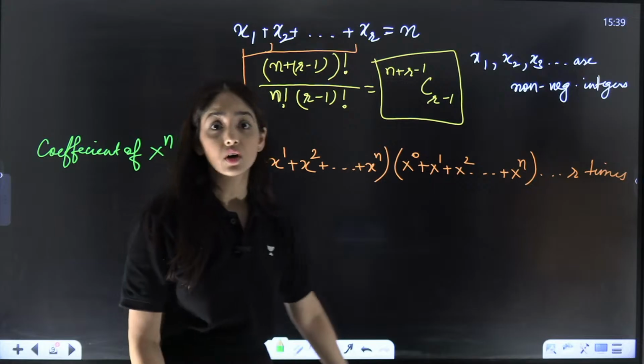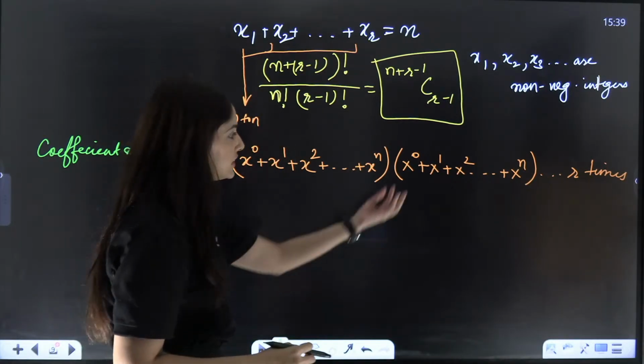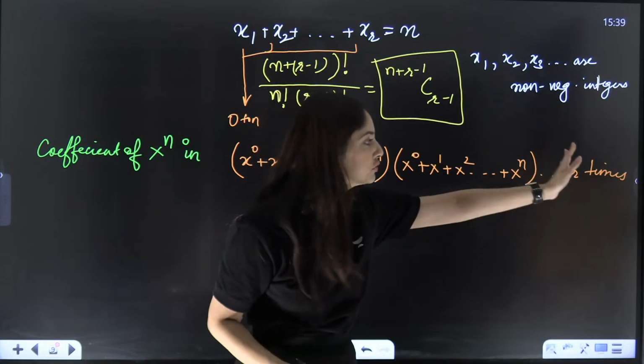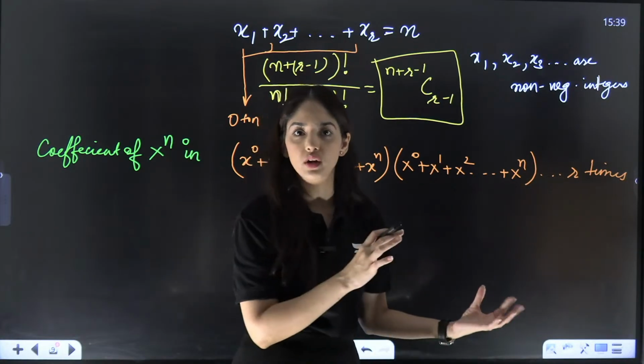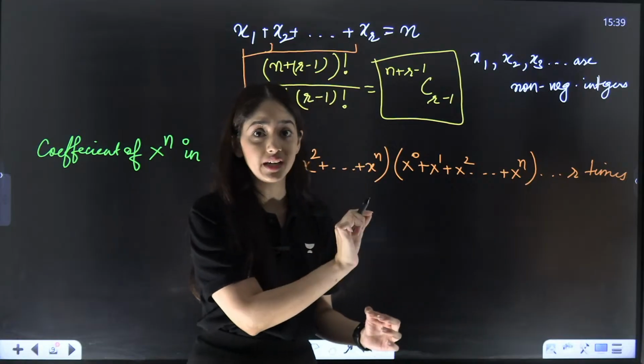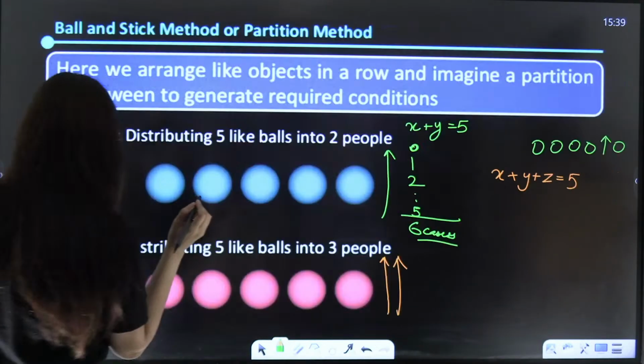Why? Because we will get some value from here, some value from here, some value from each of these r, and that will form one case. As soon as we multiply all of them, the exponents will add up, right? Exponents will add up. For example, if we look at our previous problem.